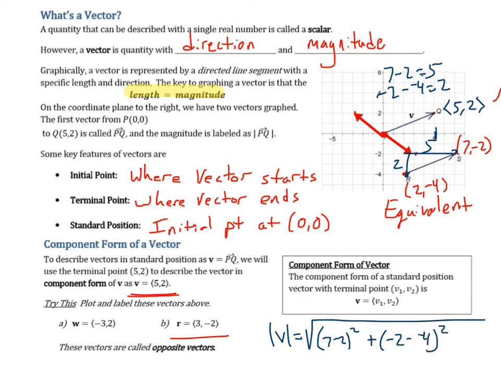Okay, and all that's going to give us is the square root of 2 squared plus 5 squared, which is going to be the square root of 29. All right, that's the idea.